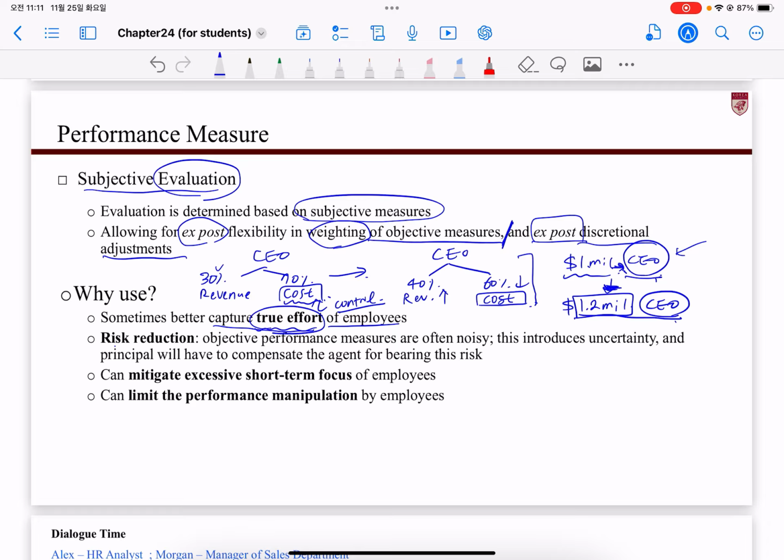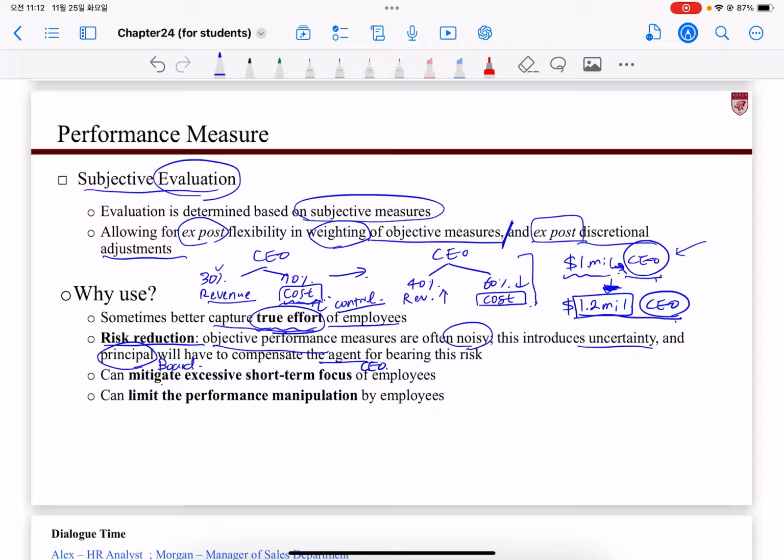And it is also one way to reduce risk, because objective performance measures can still be noisy, as you can see from revenue versus cost. It can introduce uncertainty, right? So the board of directors can come up with better subjective evaluation to compensate the agent, the CEO, for bearing the risk. Okay.